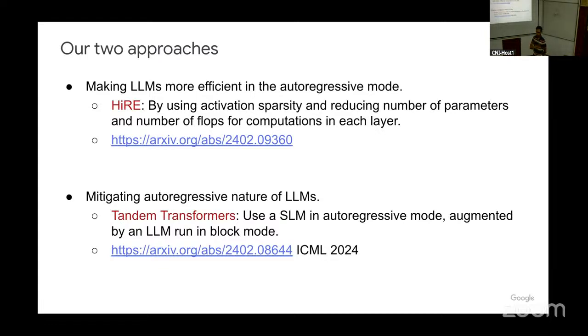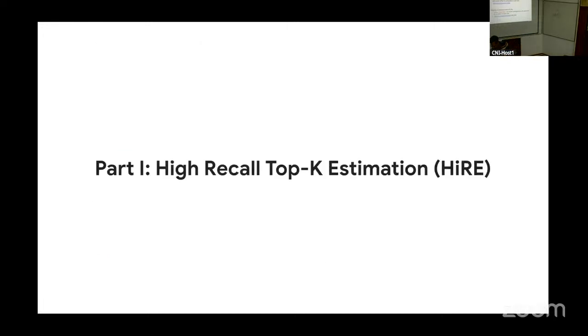Then the large model processes these 5 tokens in a block mode, in a batch, and updates the keys and values for those tokens. Those are the only things that we need for generating any future tokens. This can hopefully combine the benefits of the small language model in autoregressive mode because it's smaller, while the quality is boosted by using the large language model in a block mode. Let me try to cover both of these in a bit more detail over the next few slides.